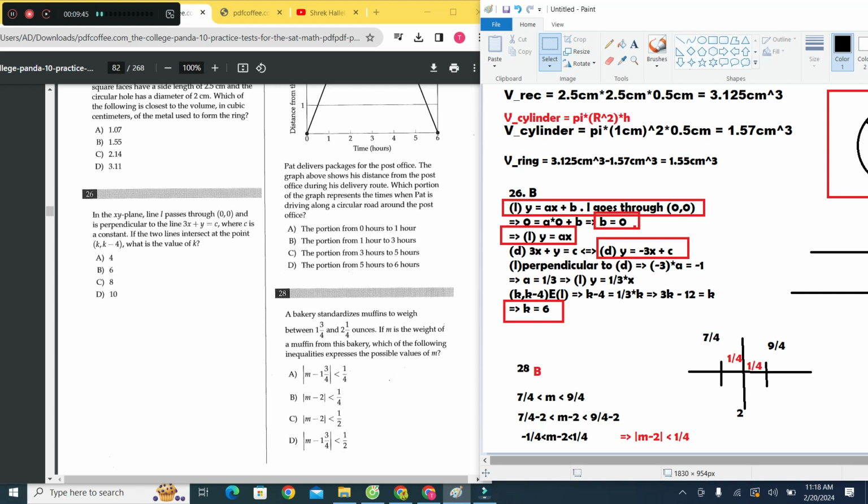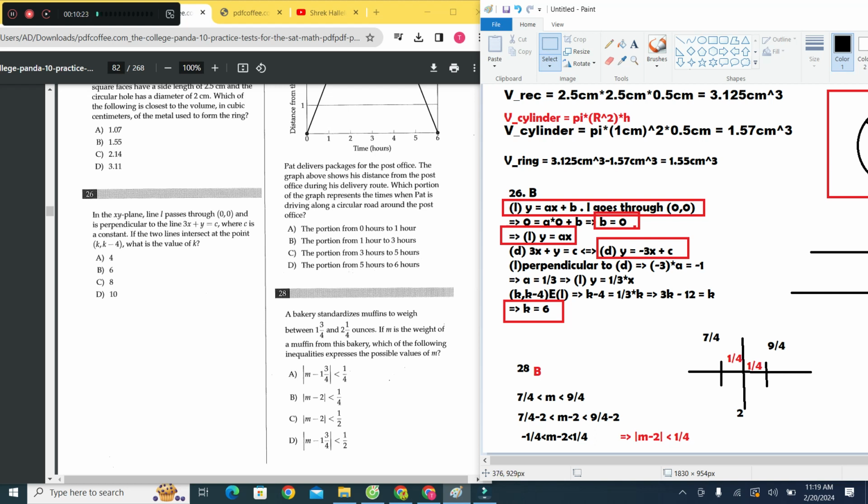We can see this in a graphical representation here. When a number lies between these two lines, 7/4 and 9/4, the middle point is 2, and the middle point has a distance of 1/4 from both 7/4 and 9/4. So if a number lies in this range, 7/4 to 9/4, the distance of this number to 2 is at most 1/4.